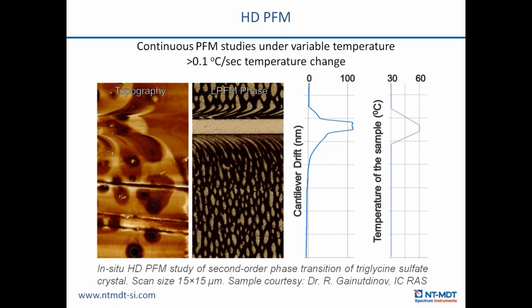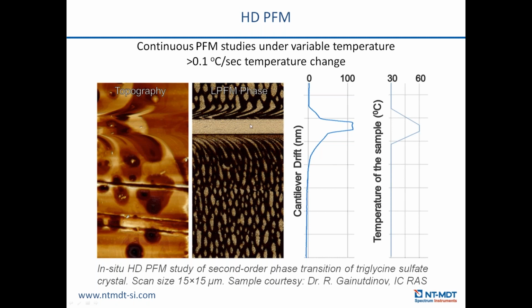But as we are comparing the maximum force and the baseline in hybrid mode, we are adjusting the set point automatically. It's done automatically in each measurement cycle. And at the same time, we can measure the PFM. From the left side, you can see the topography of the sample during the heating. Okay, there is some distortion, but it's due to the sample lateral drift, which obviously will happen when you heat something.